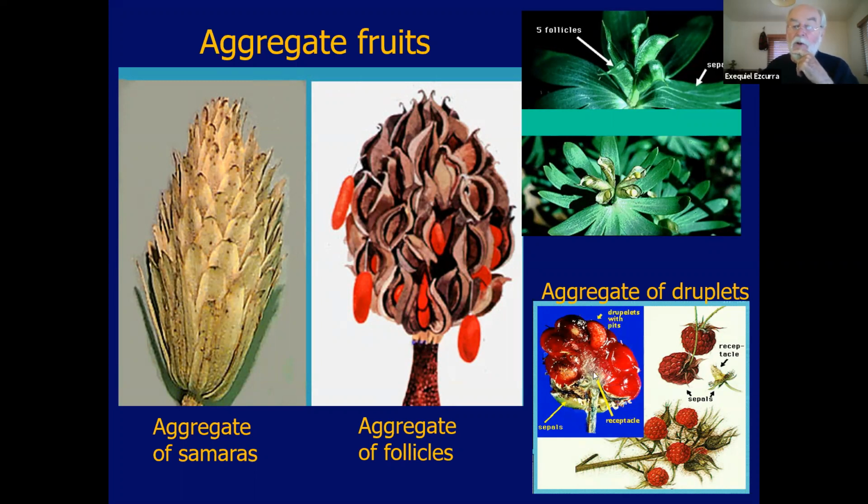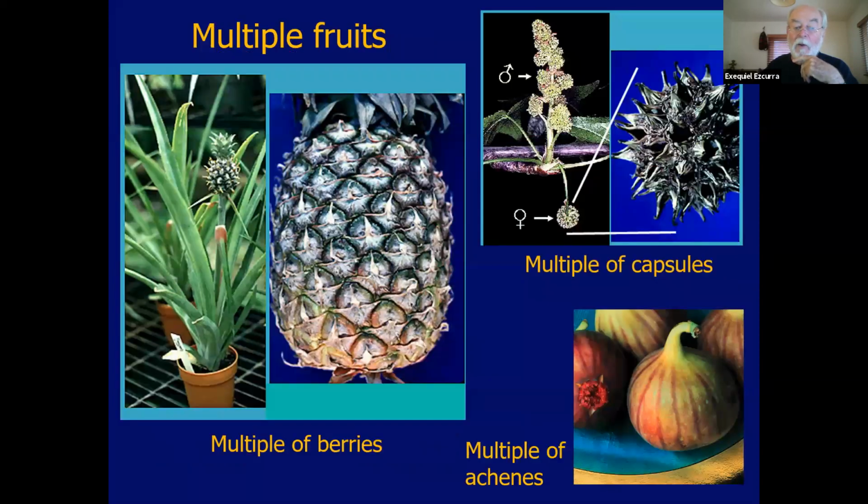As I showed you, I won't talk about all of them because it's going to be complex, but of course the blackberries and the raspberries are an aggregate of drupes. You can see here the central receptacle, and all the ovaries that developed around it form a drupe, like a tiny peach or a tiny cherry that develops around the ovary.